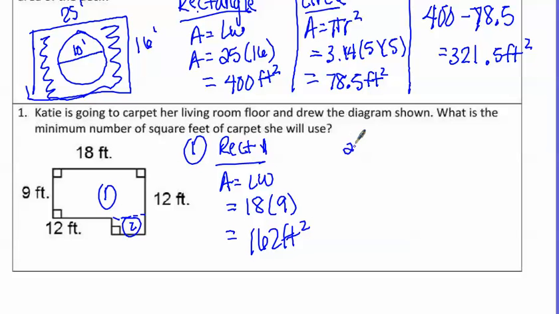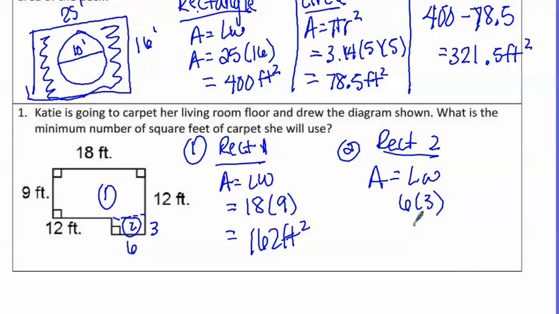The rectangle 2, 9 minus 12 is 3. Okay, and then 18 minus 12 is 6. So the area of rectangle 2 is going to be 6 times 3, which is 18 square feet.